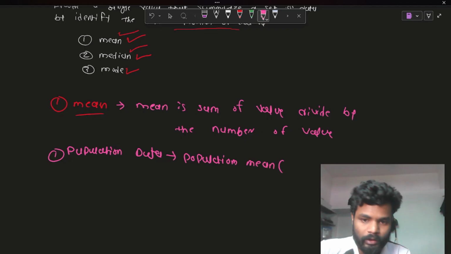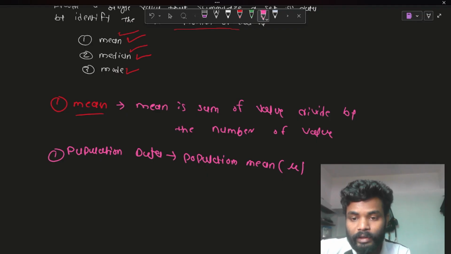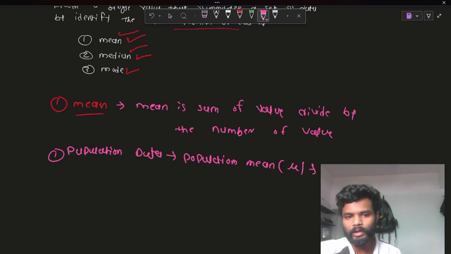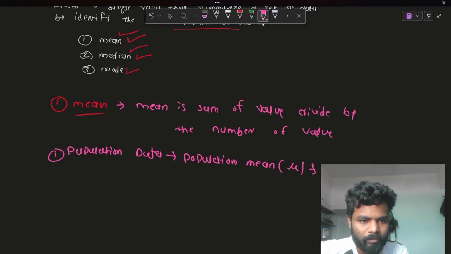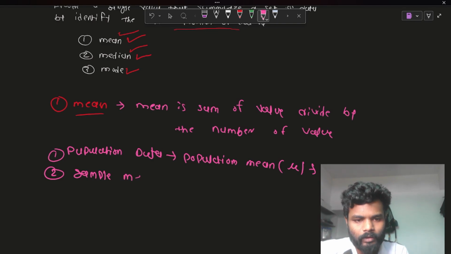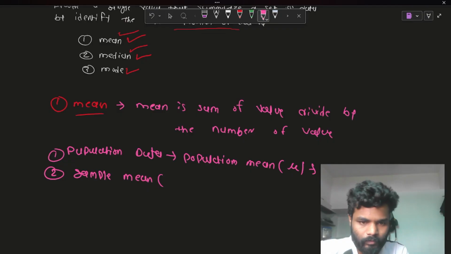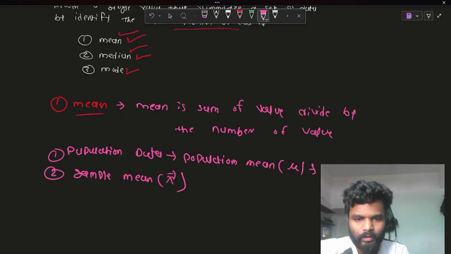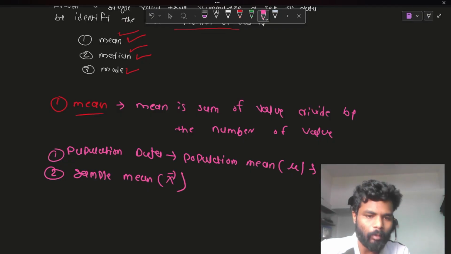Population mean is simply denoted by mu. And similarly there is sample data, which gives the sample mean. Sample mean is denoted by X bar. So this is our population mean and sample mean.